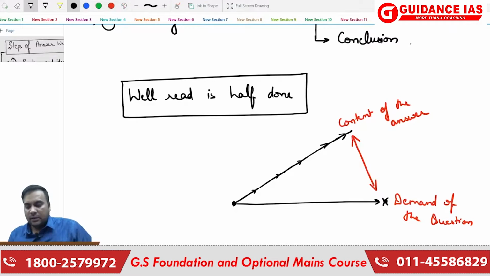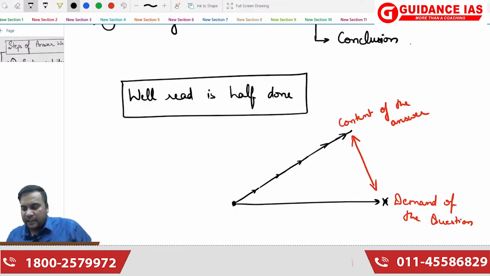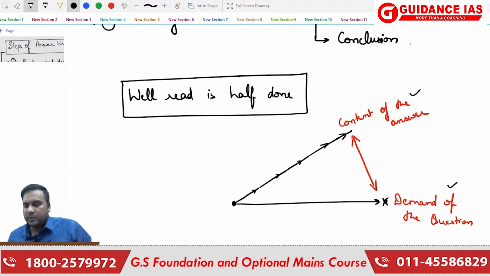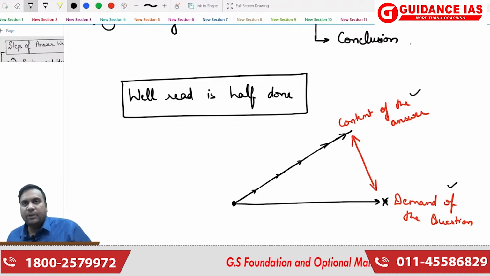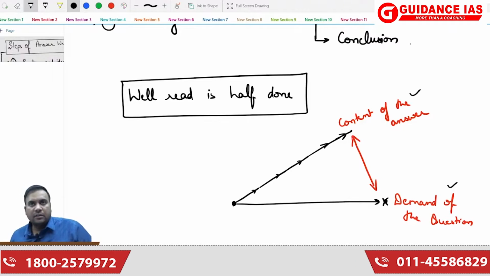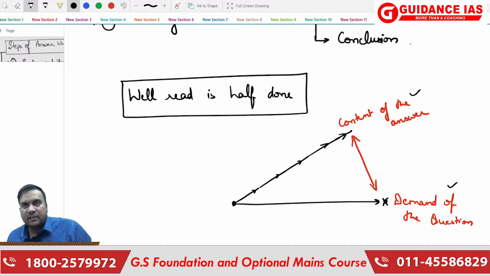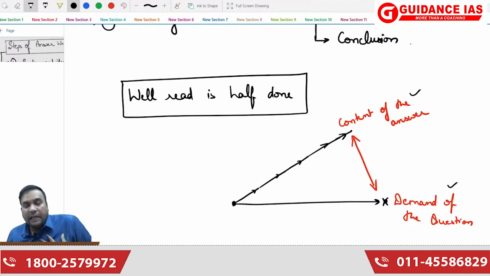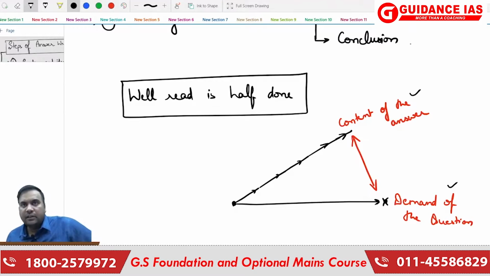Okay? Now, very clearly, if I am writing this content and the demand of the question was this, tell me, will I ever be able to get the desired marks? Absolutely not. I won't be able to get the desired marks. But I will have a feeling that I have written well.